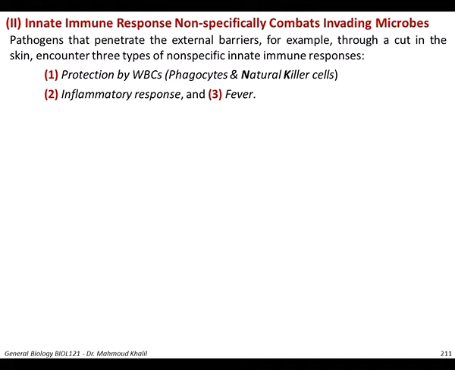So actually, there are three non-specific types of innate immune response. It starts with the protection by white blood cells, especially the phagocytes and the natural killer cells, NK cells. And as well, two important mechanisms are the inflammatory responses and fever.